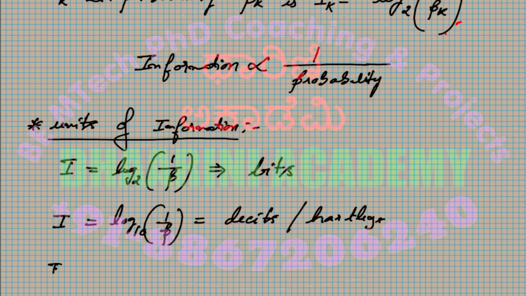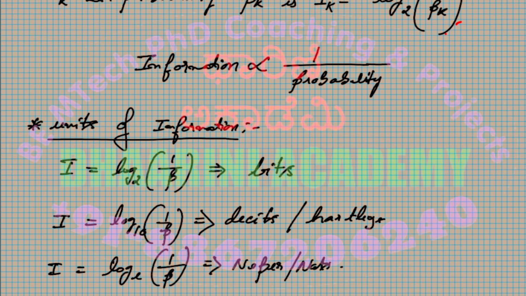All right, so the third option is I is equal to log to the base e of 1 by p. You take log to the base e. If you remember, this will be called nats, Napiers or nats. This will be represented in, I think, nepers. Napiers or nats.